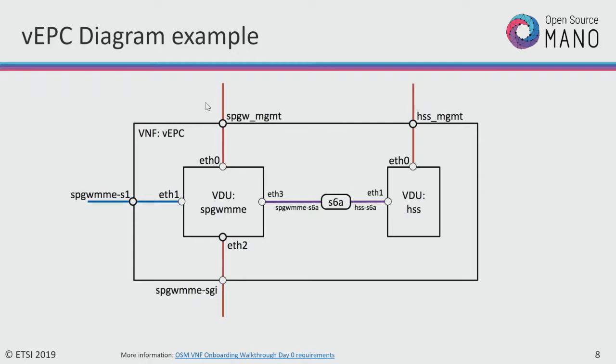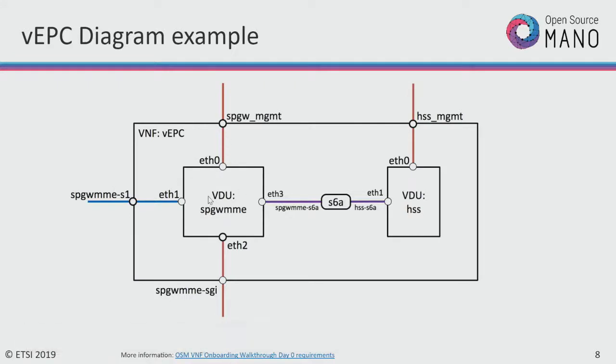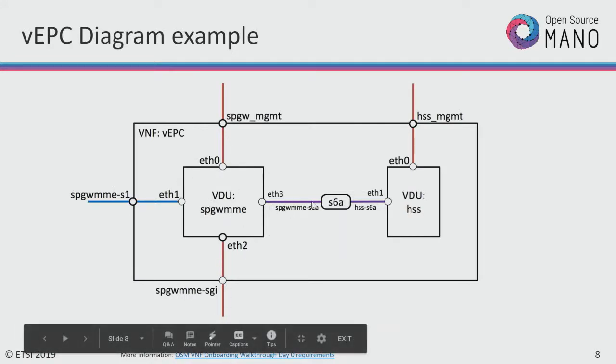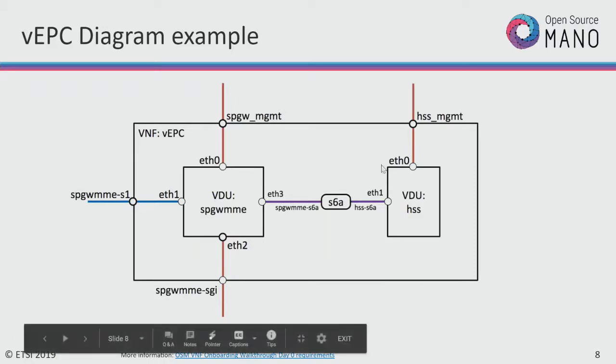As you can see, as I explained before, you can see two VDUs. The first VDU has 4 interfaces. In this case, it has 3 external interfaces and 1 internal interface. As Abubakar explained, this is an internal connection point, and this will be an external connection point. And the other VDU has 2 interfaces, one internal and the other external.